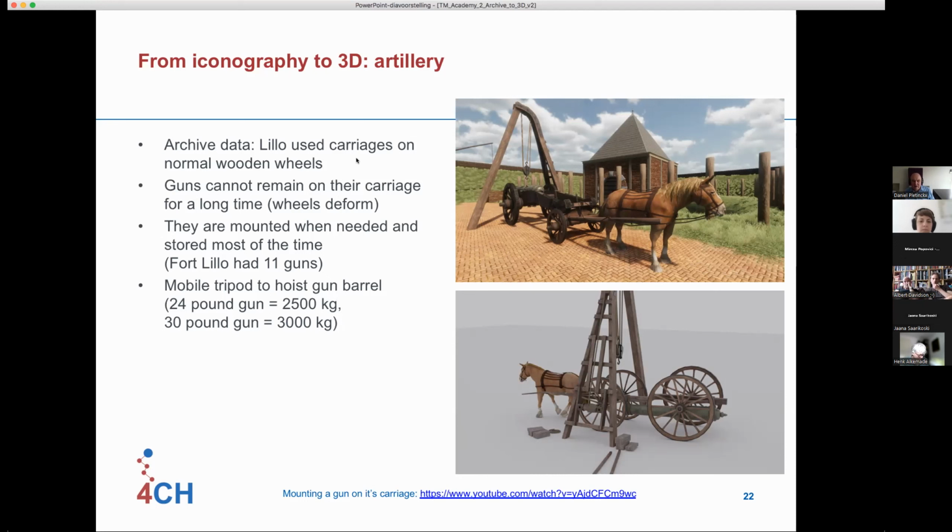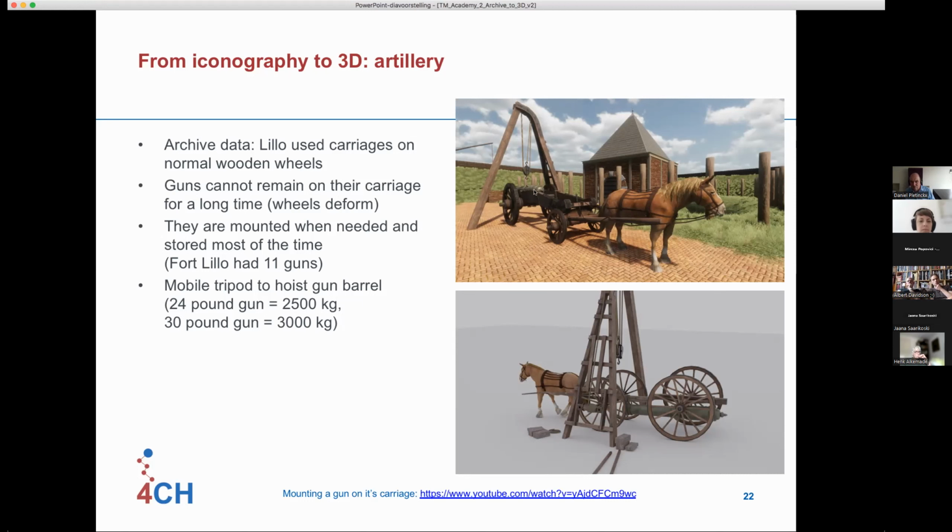But in practice, what was done in a fortress like this is that there were nearly no guns operational on the walls. They were in storage. Because if you leave a gun, which is about 2,500 kilograms, or the bigger ones, even 3,000 kilograms, for a couple of months on these wooden wheels, they just deform.